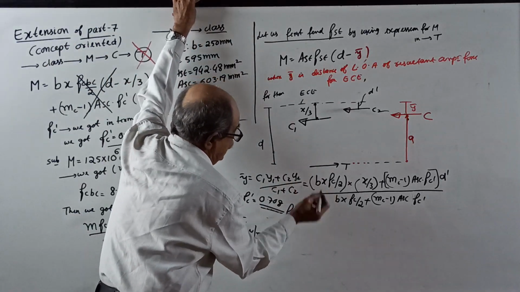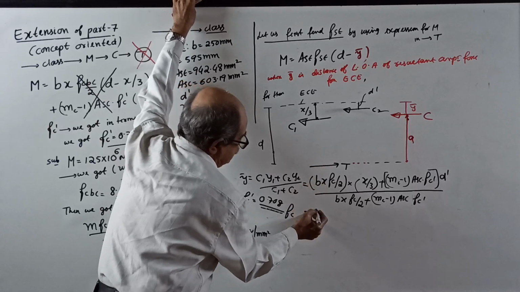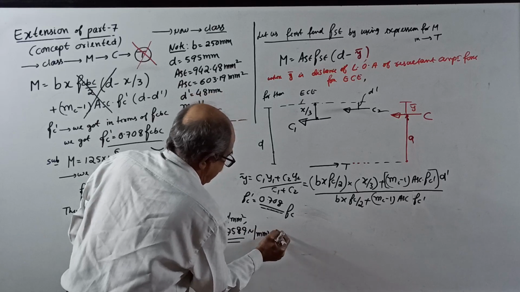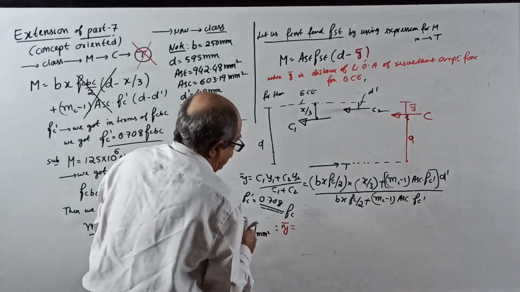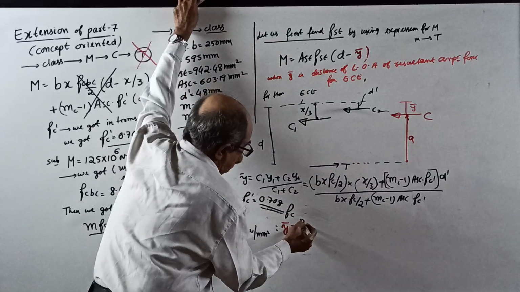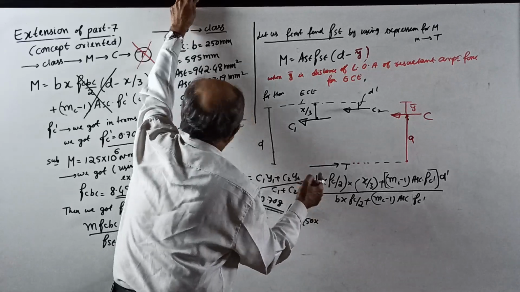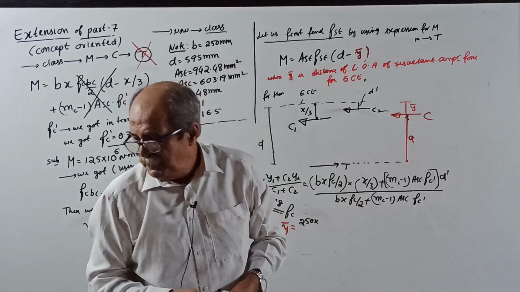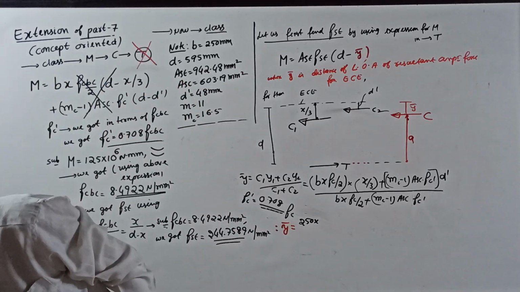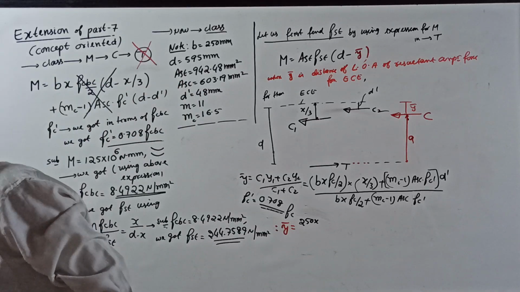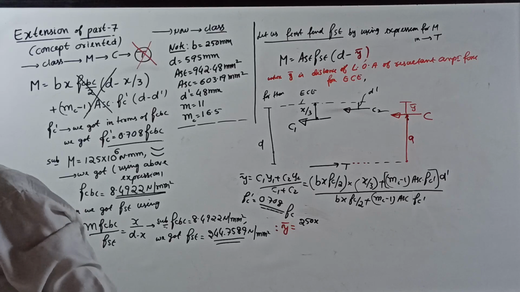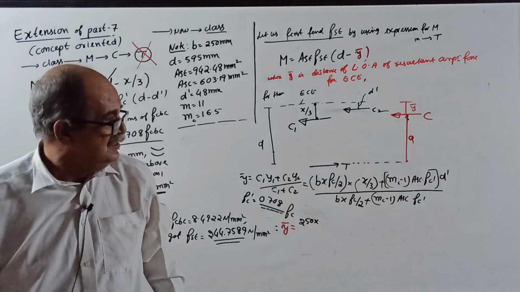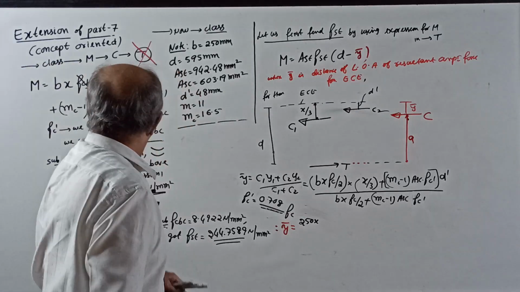Substituting b. B is how much? I will write here. Therefore, your y bar equals b, 250, into x. Oh, where is the x value? I forgot the x value. I noted it down somewhere, maybe yesterday.